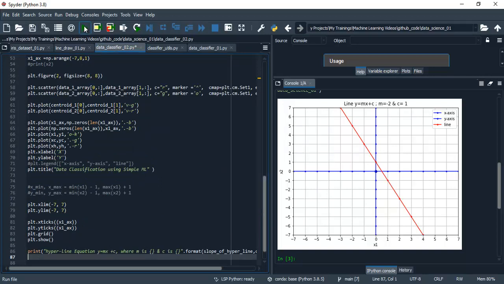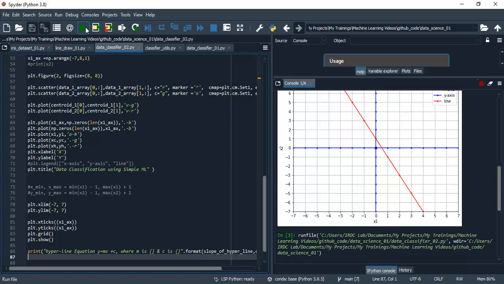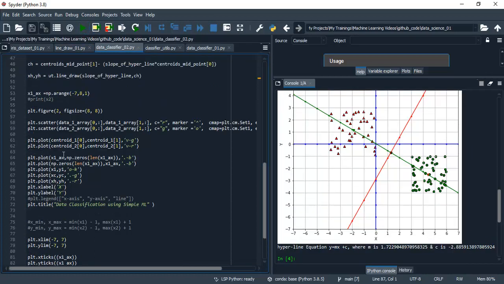Okay, and let me run this completely. I think this is nothing but the scatter, so we have plotted the data 1 array and data 2 array. Data 1 array x coordinates, because this is the 0 and this is 1, so y coordinates of data 1, x coordinates of data 2, and y coordinates of data 2, okay, with the red and green color, and we plotted a centroid.